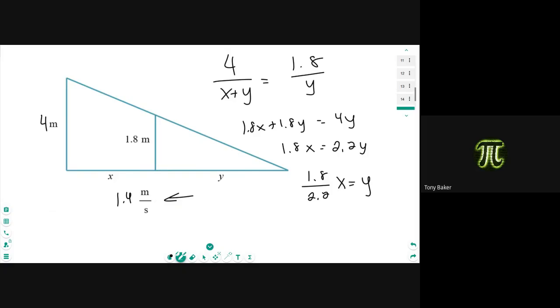All right, so what's the derivative? If you take the derivative of both sides of this, we get 1.8 over 2.2 times dx/dt equals dy/dt. Because remember, we're differentiating with respect to t.